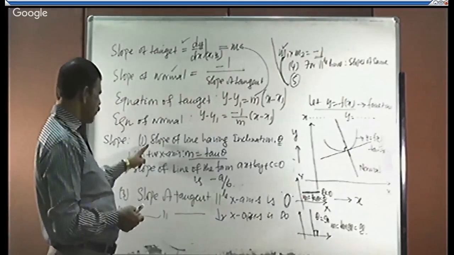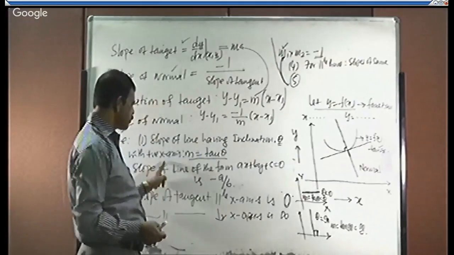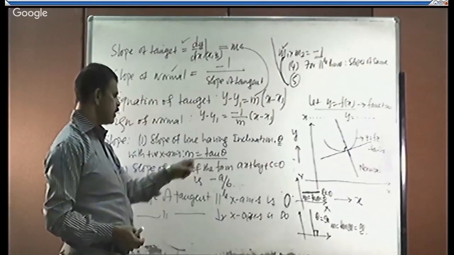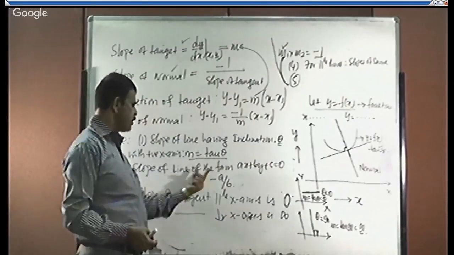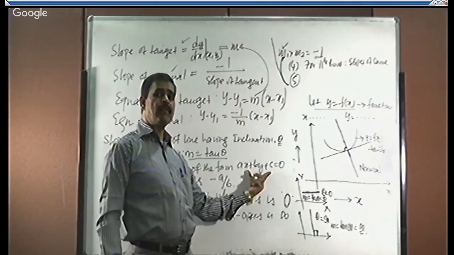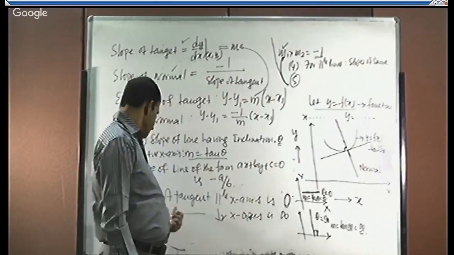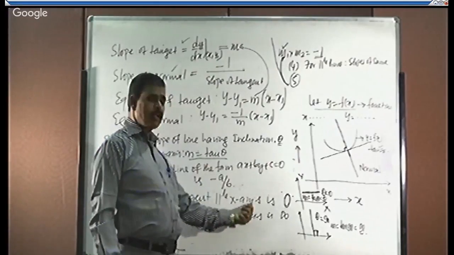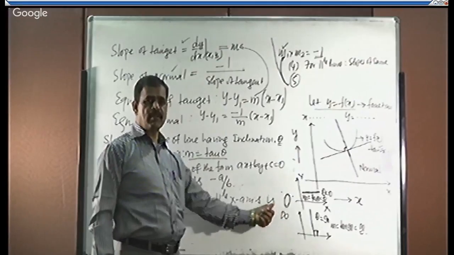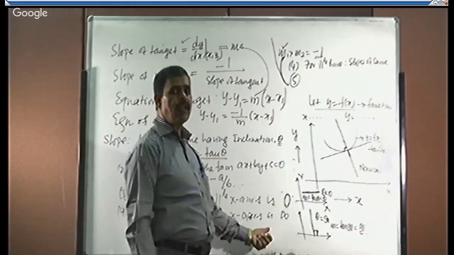Slope of any line making an inclination theta with the positive x-axis is obtained by m equal to tan theta. A line in the general form ax plus by plus c is equal to 0 has slope minus a by b. If any line is parallel to the x-axis, its slope is always 0. If perpendicular to the x-axis, its slope is infinity.